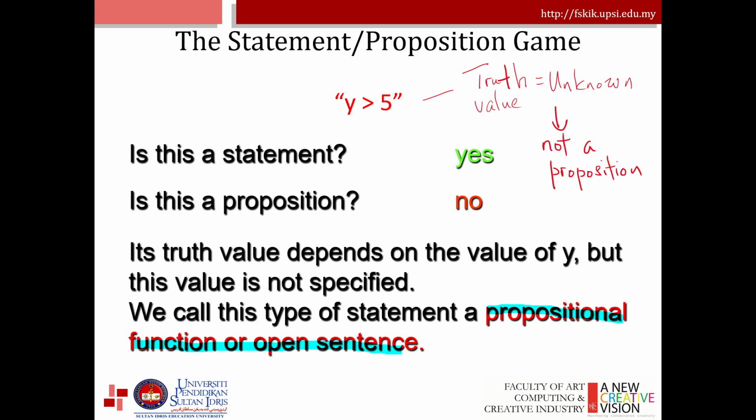Basically, the open sentence is a mathematical equation or inequality containing one or more variables which is true or false depending upon the values assumed by the variable in particular instances. For example, x plus 3 is equivalent to 8.